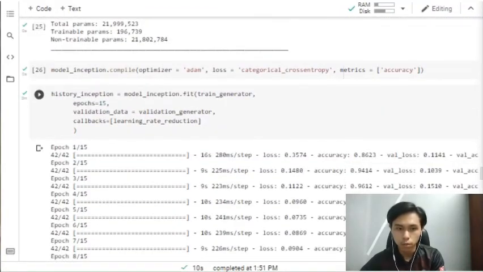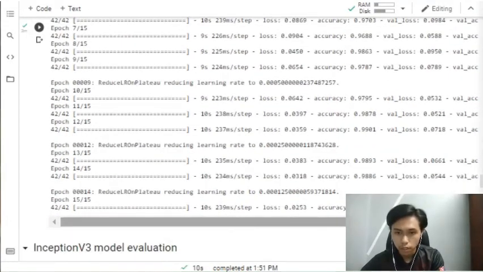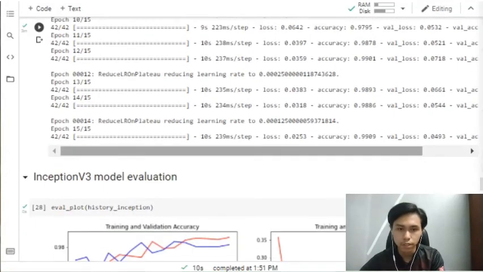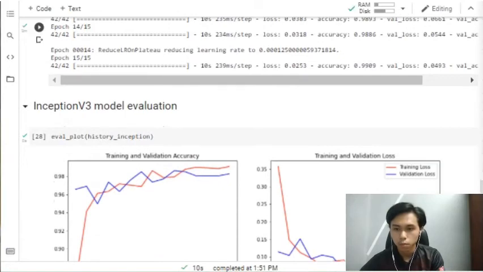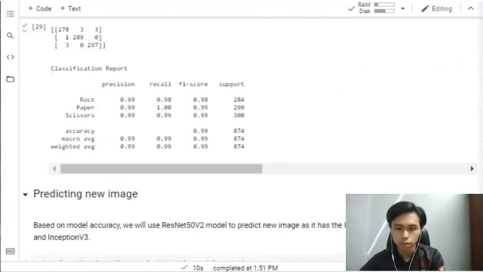Then we run the model with 15 epochs, and we found the accuracy is around 97 to 99%, which is equally high with ResNet 50. And then we evaluate the plot graph and confusion matrix.